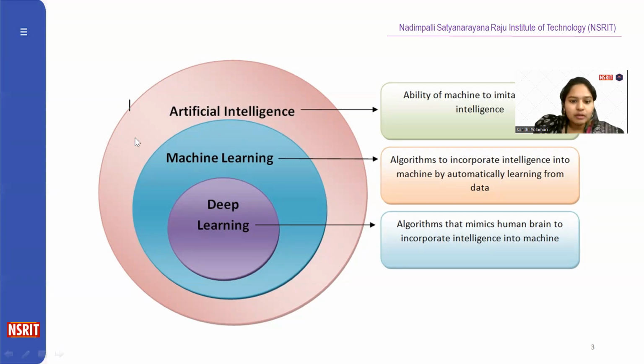I guess you all might have heard about terms like artificial intelligence, machine learning, and deep learning, right? First we have artificial intelligence. Artificial intelligence is nothing but enabling machines to mimic the way a human behaves.